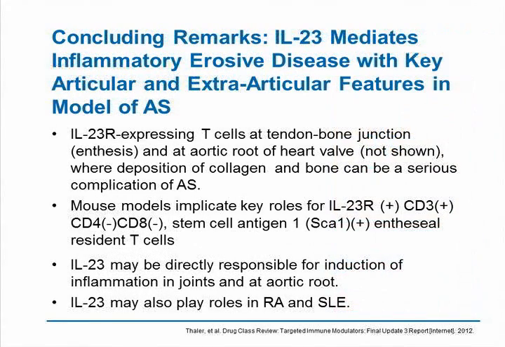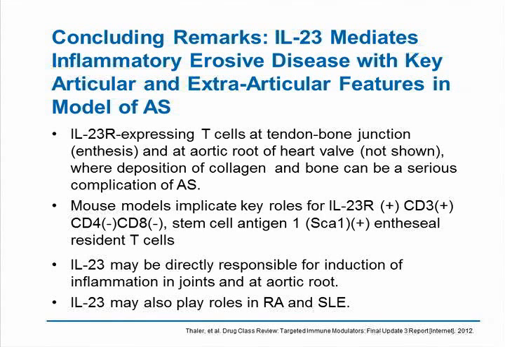All right, so our concluding comments: there's now some evidence to suggest that IL-23 expressing T cells at the tendon-bone junction, but also at extra-articular sites of disease, such as the aortic root, may have these same gamma delta T cells with a hyperresponsiveness to IL-23. These studies have implicated this unusual cell type that may be driving the disease in ankylosing spondylitis.